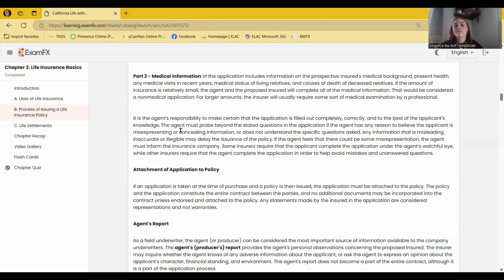So it is the agent's responsibility to make sure that the application is actually filled out to the best of the client's ability, trying to feel out any questions that maybe were not understood, right?